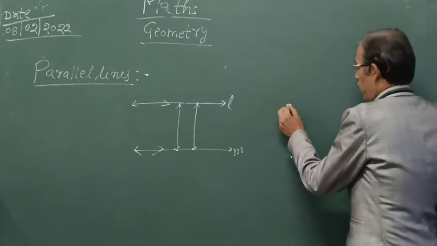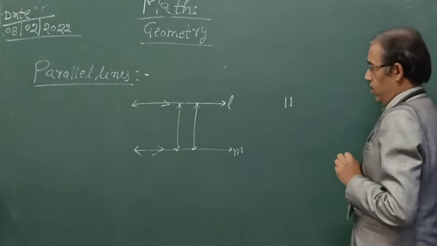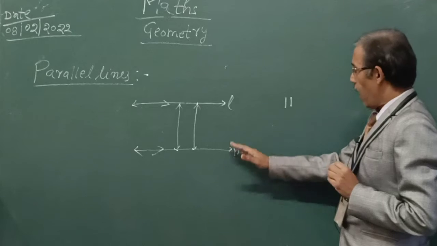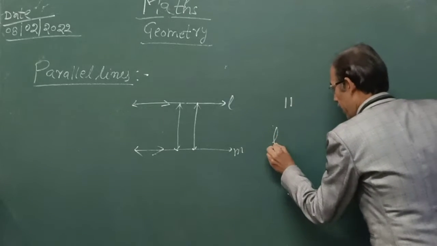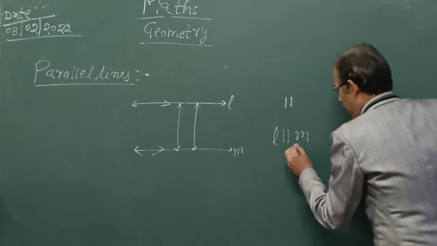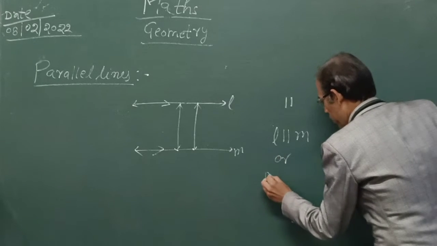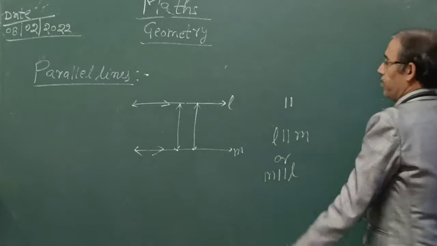Parallel lines are denoted by this symbol. So if L and M are parallel to each other, you can write L is parallel to M, or you can write M is parallel to L.